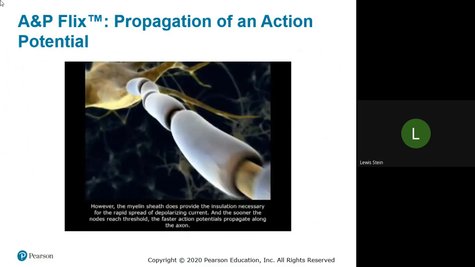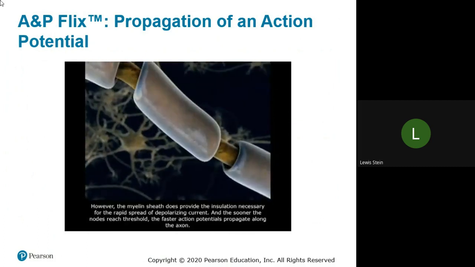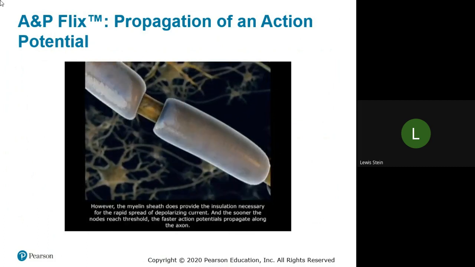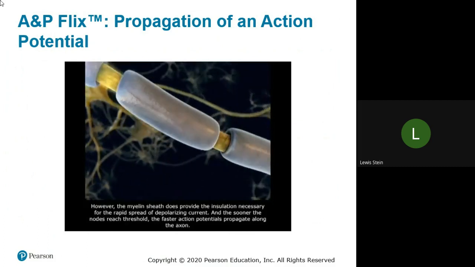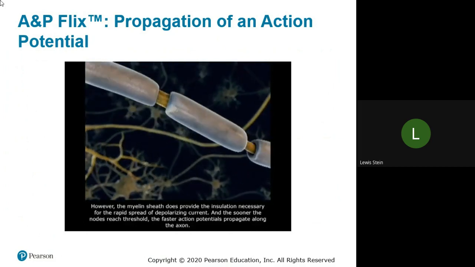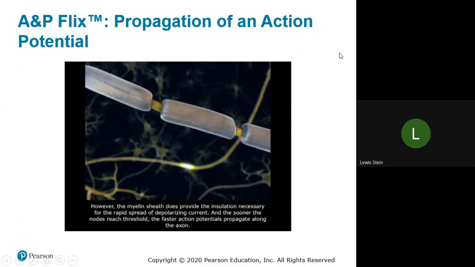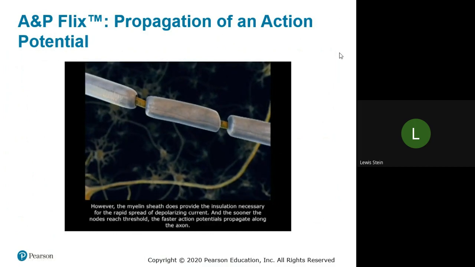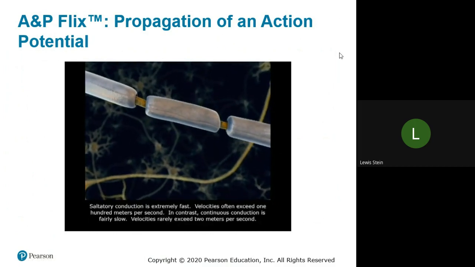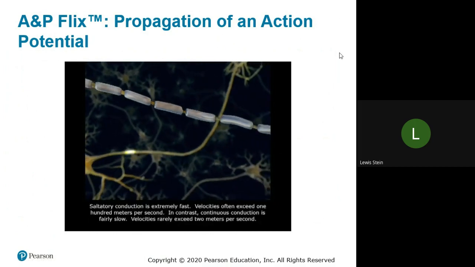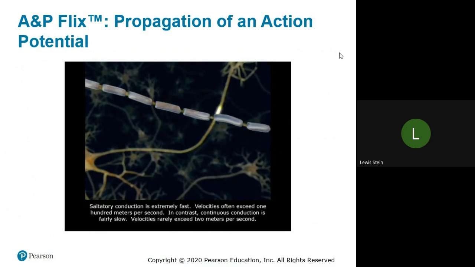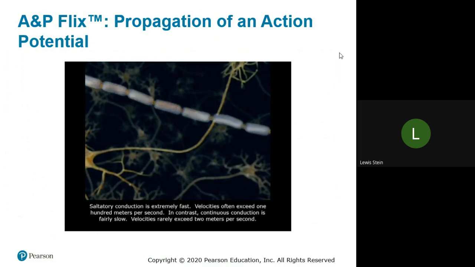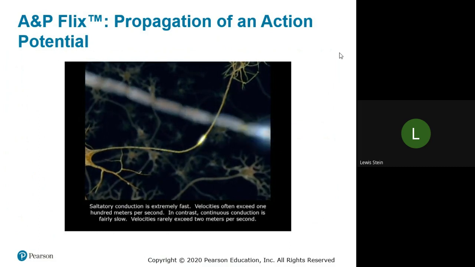However, the myelin sheath does provide the insulation necessary for the rapid spread of depolarizing current. And the sooner the nodes reach threshold, the faster action potentials propagate along the axon. Saltatory conduction is extremely fast. Velocities often exceed 100 meters per second. In contrast, continuous conduction is fairly slow.